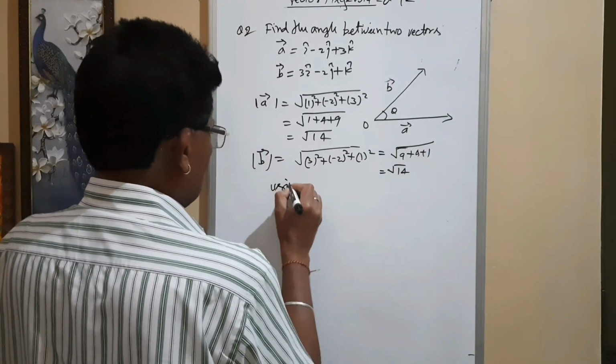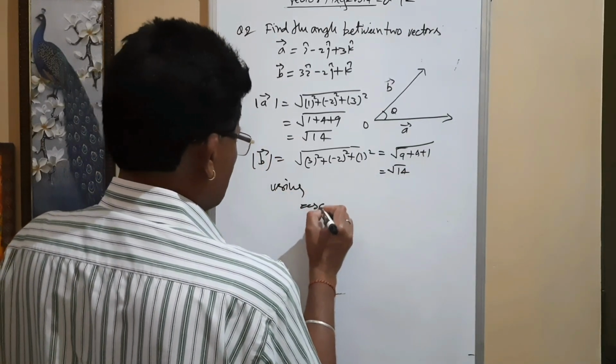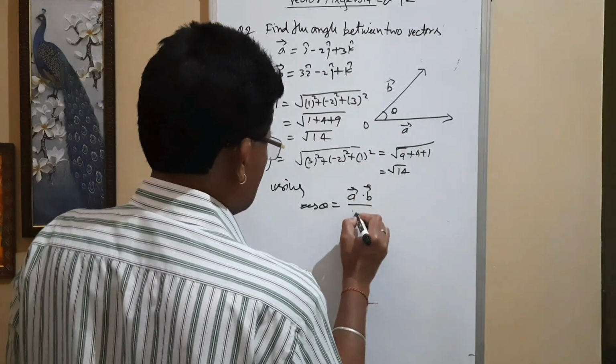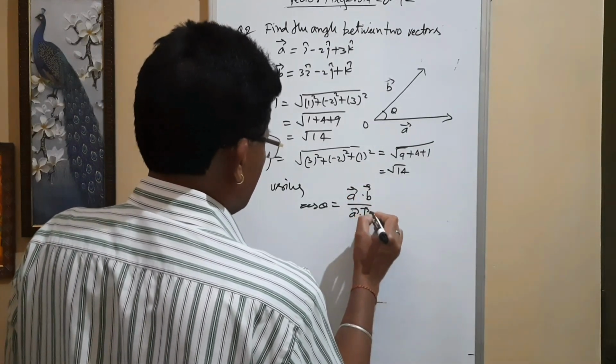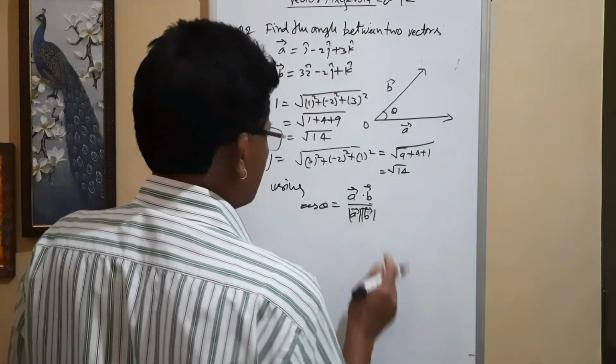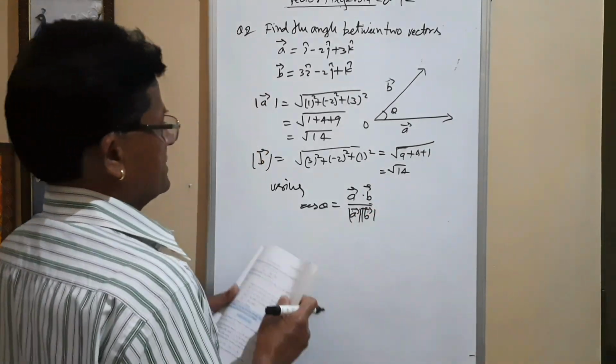Using the definition of the dot product of two vectors, cos theta will be equal to the dot product divided by the magnitudes. Now you have to find the dot product of the vectors.